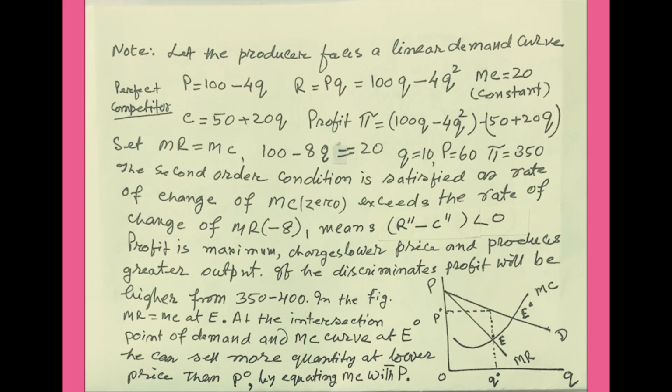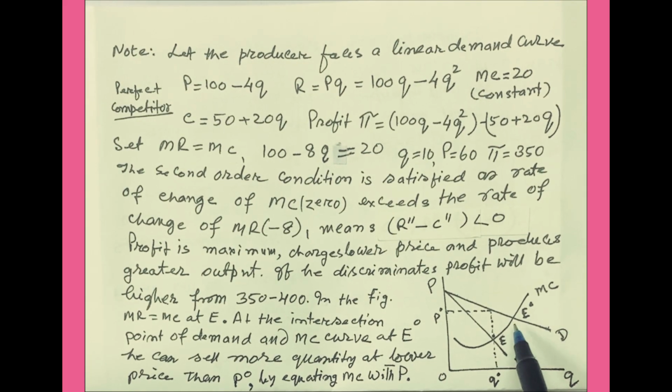So he can sell more quantity. Earlier it was Q naught and P naught, corresponding to the marginal revenue intersection point.